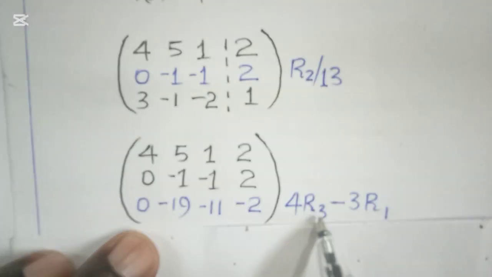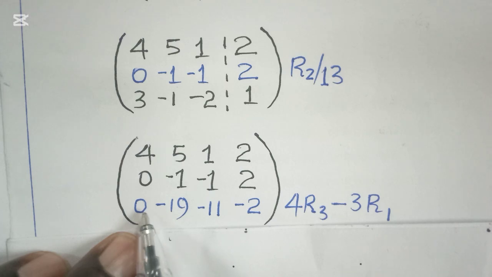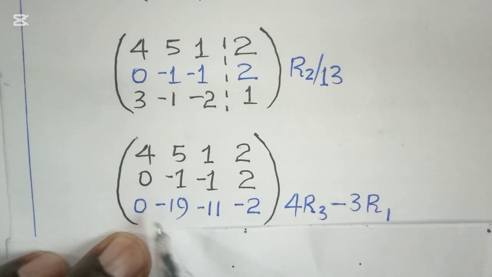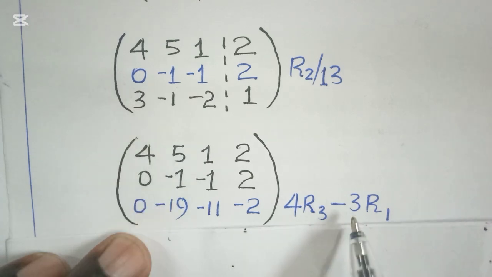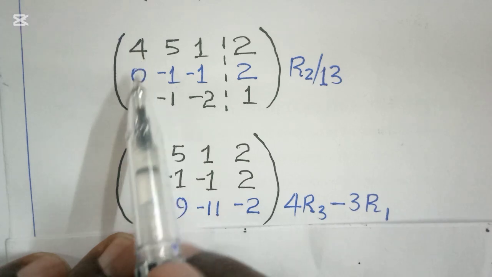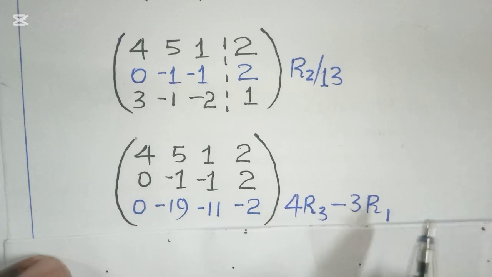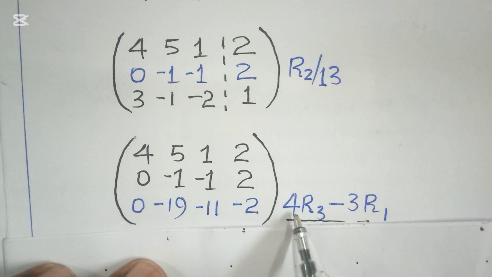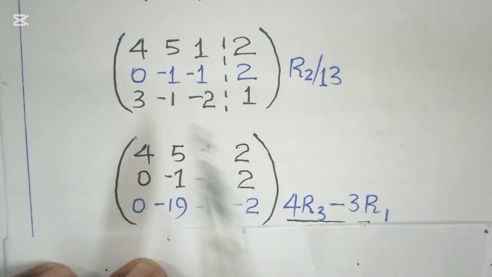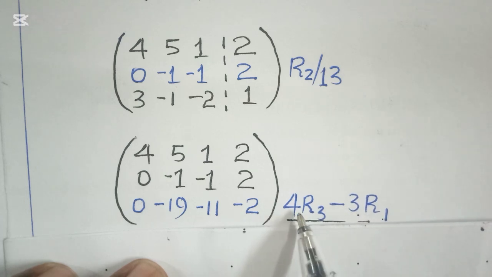I say 4 multiplied by row 3, which is 3, that is 12, minus 3 times row 1, which is 4, so 12 minus 12. I put where the row I want to manipulate is where I put my equation.